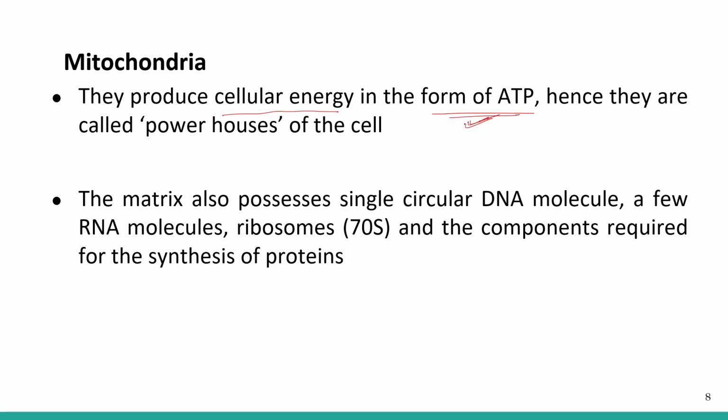With the help of respiration, lots and lots of ATP is produced inside the cell. That is the source of energy in the living body, hence they are called the powerhouses of the cell.